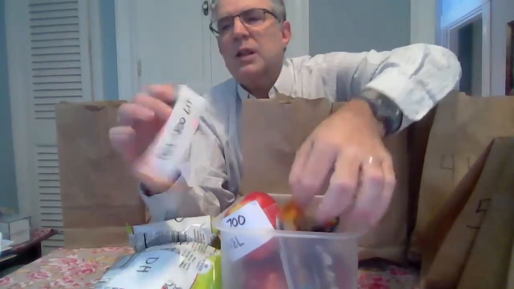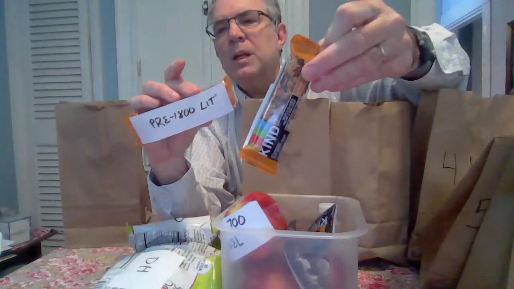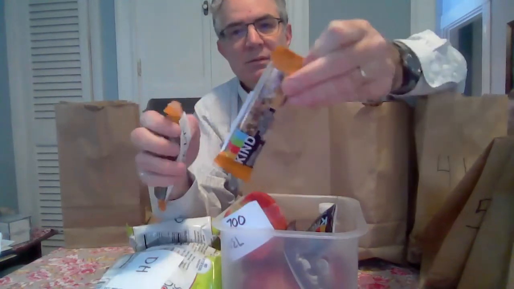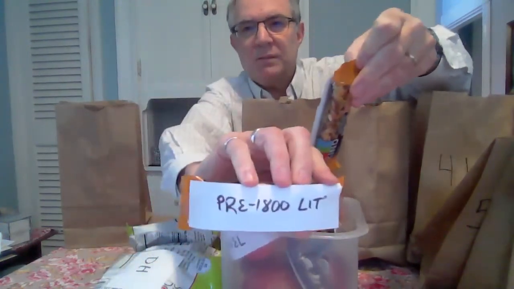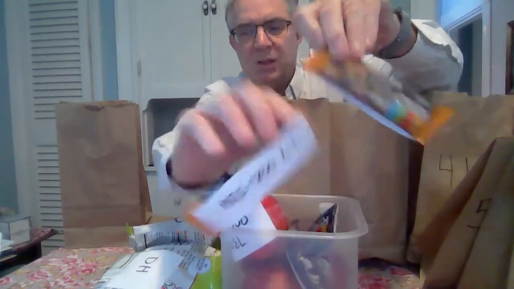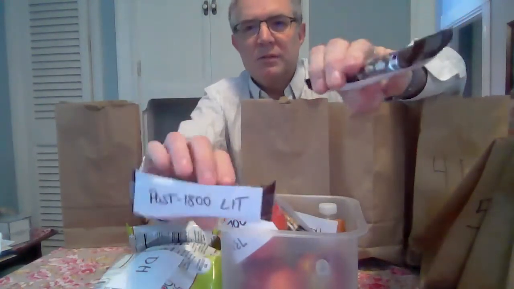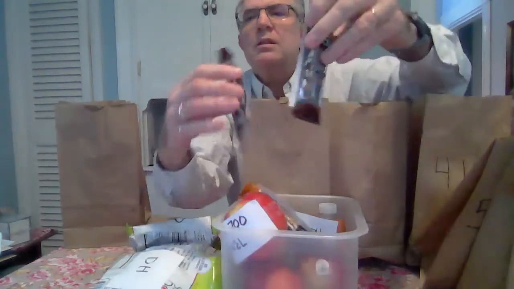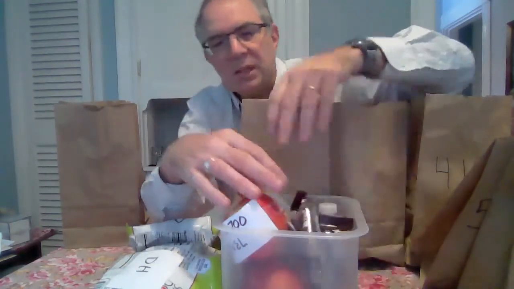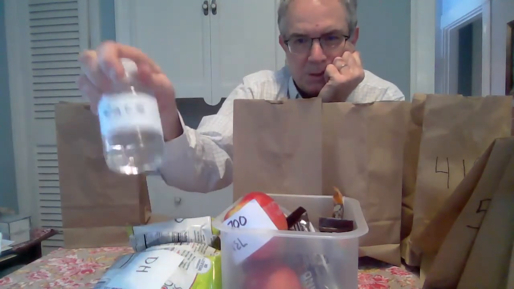So we have 2 maple pecan Kind bars. Those are the pre-1800 lit. And 2 post-1800 lit, which are the mocha almond Kind bars. And then we need 1 course in constructions of race and race theory, which is this bottle of water.